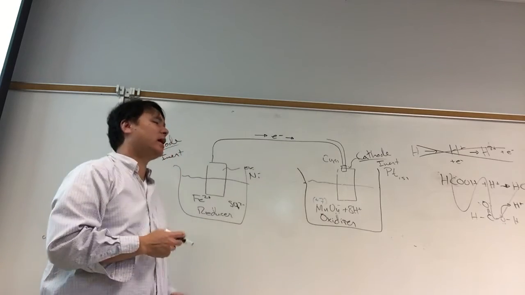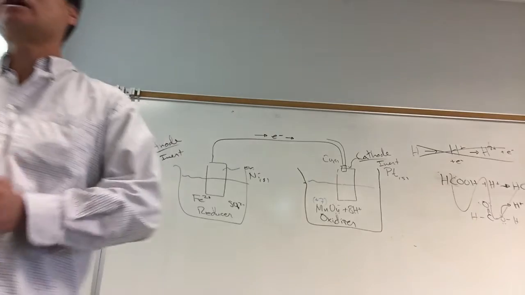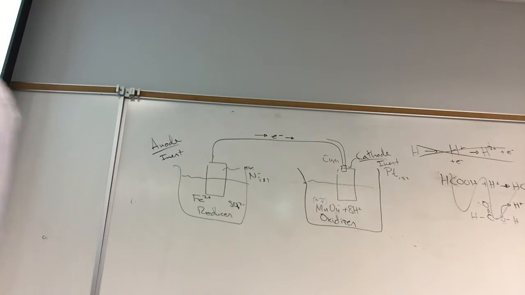But with iron 2, we also have to worry, because not only is iron 2 an oxidizer, it's also a reducer. And so if iron 2 acts as a reducer, what can iron 2 react with? Here's iron 2 as a reducer. Iron 2 gives up an electron to form iron 3. And so iron 2 as a reducer will react with any oxidizer stronger than iron 3.